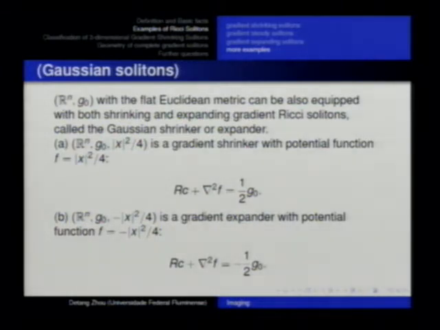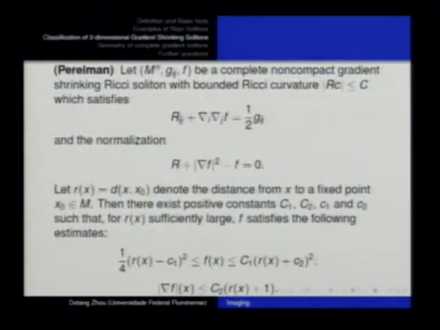If you choose the minus of this one, it is expanding. Of course, you can choose f equals 0, which is the standard soliton. So this is a very special case. This is similarly special, but after that we will see that actually this f is not very special, I would say.